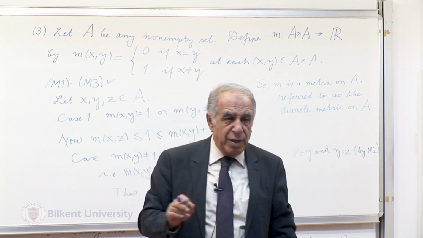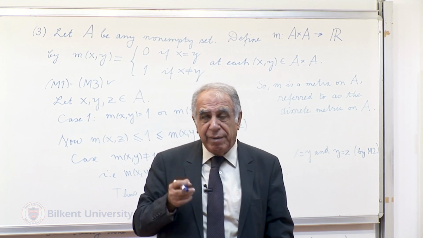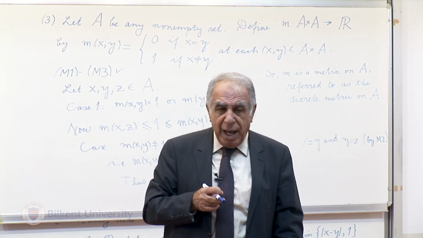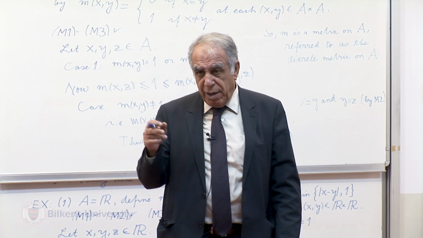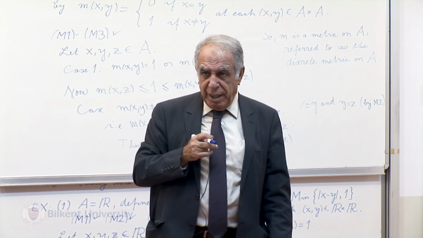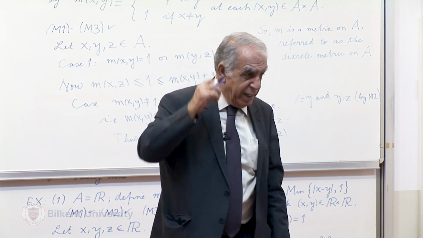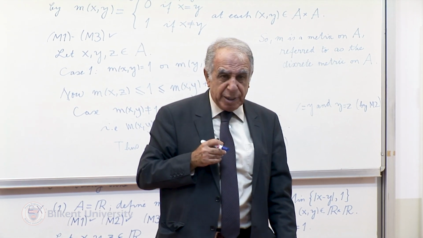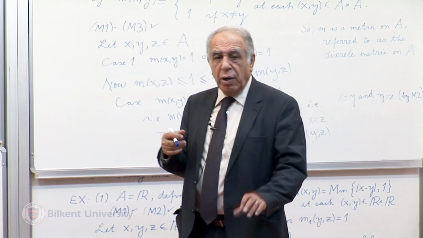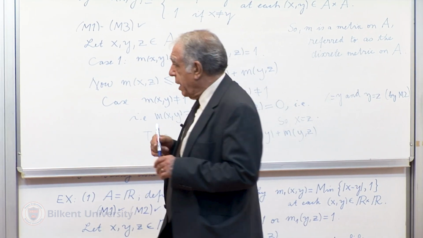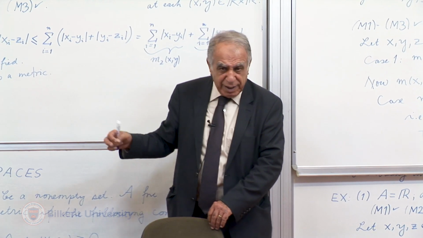But let us now confine ourselves to real vector spaces, and let's ask the following. Given a metric M on a real vector space V, does there always exist a norm on V which induces this metric? For the sake of completeness, let me start by noting down the definition of this inducement.